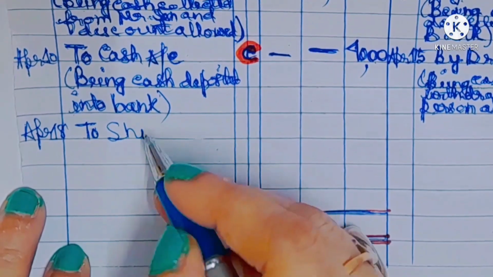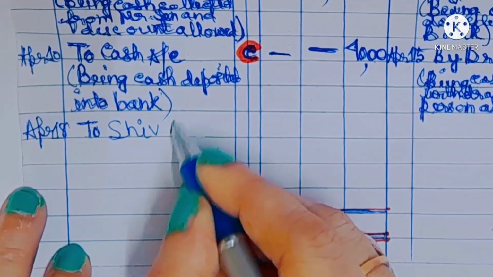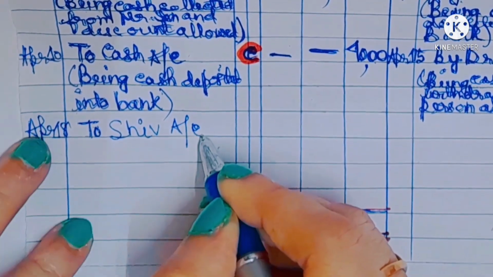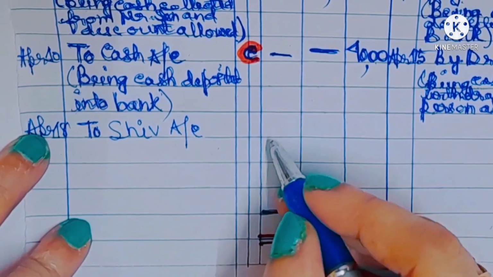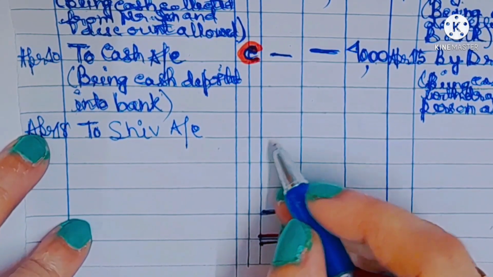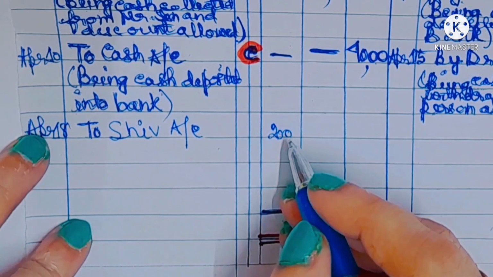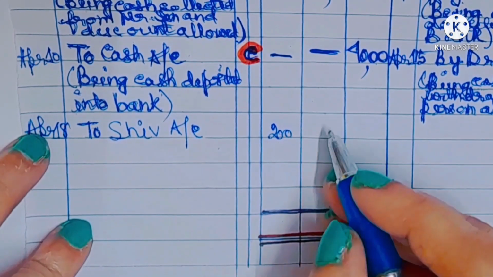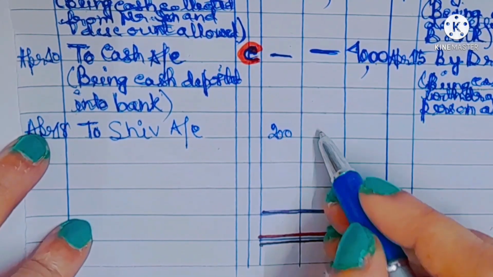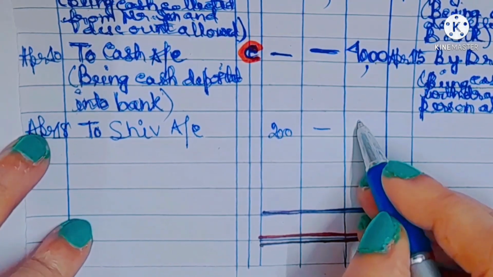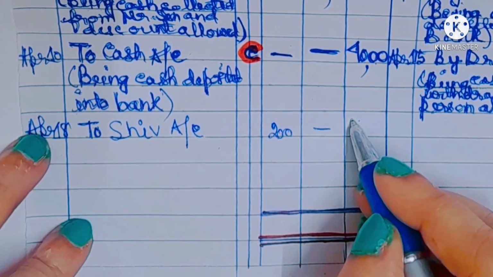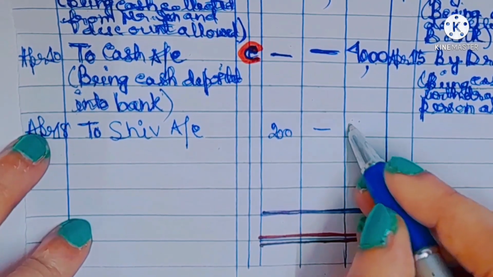So, on 18th April, to Shiv account, in the discount column, how much? 200, because 5% of 4000 is 200, and in the bank column 3800, how we are getting 3800? 4000 minus discount allowed. Okay.